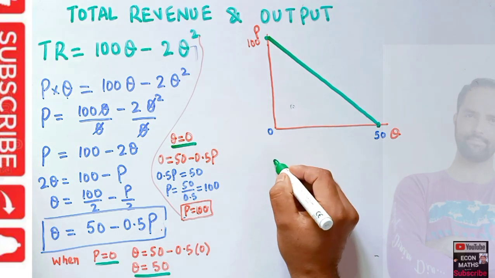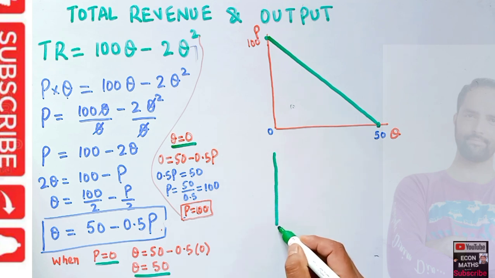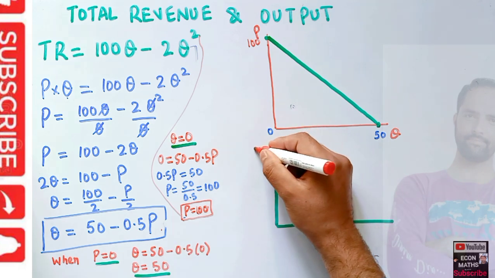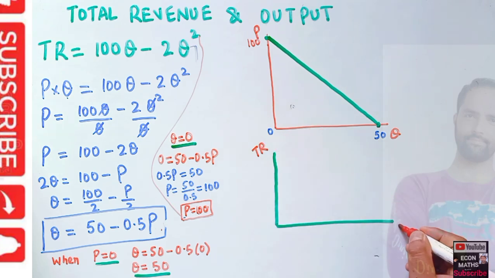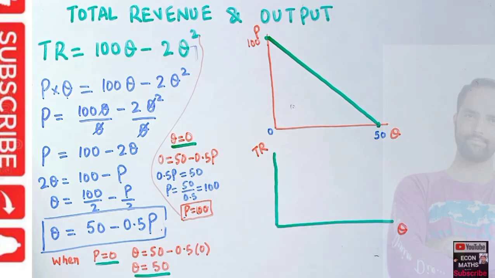Now let's try to figure out the total revenue in relation to this demand curve. On this axis we denote our total revenue, and on this axis we have the output. As I told you, when price was 0, quantity demanded was 50.